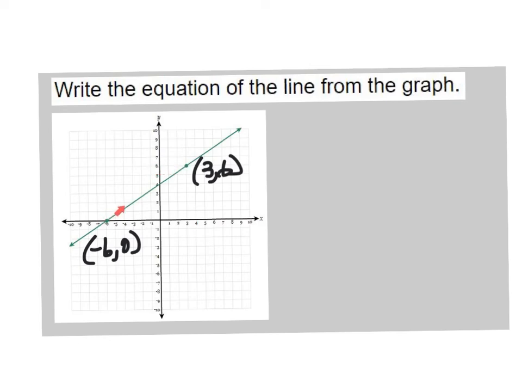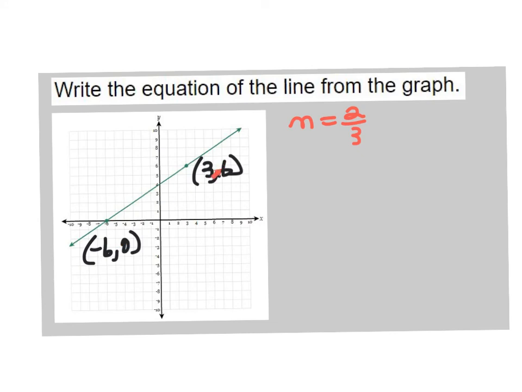Okay, but you'll notice there's some more points within here. So here's one actually right here. Here's another one, and here's another one. So really we're going up 1, 2, and over 1, 2, 3. So really we have a slope of 2/3. So we could just say our slope equals 2/3.